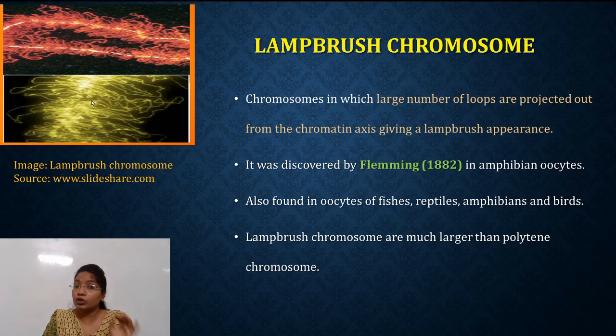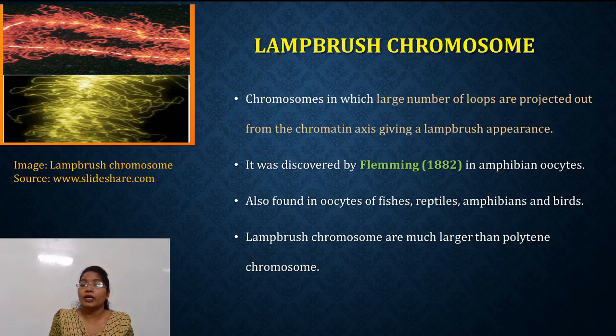Now, the chromosome in which a large number of loops are projected out from the chromatin axis is called a Lampbrush chromosome. This chromosome is called Lampbrush because it looks like the brush which was used to clean lamps once upon a time.